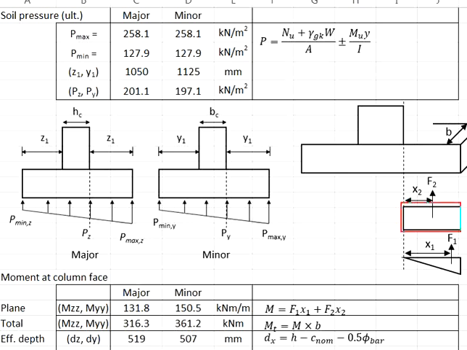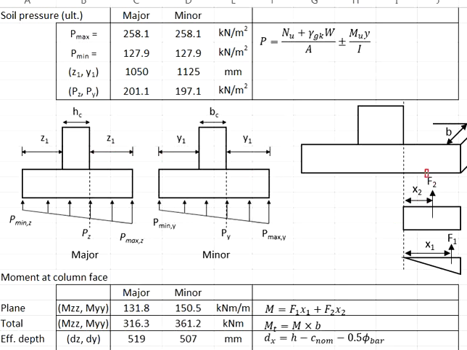Find the area of the rectangle, you get the resultant force. Multiply by the lever arm, you get the moment due to the rectangular shape. You will do the same for the triangle stress. Take 201.1 kN per meter square, which is this stress, multiply Z1, giving you the area of the stress.